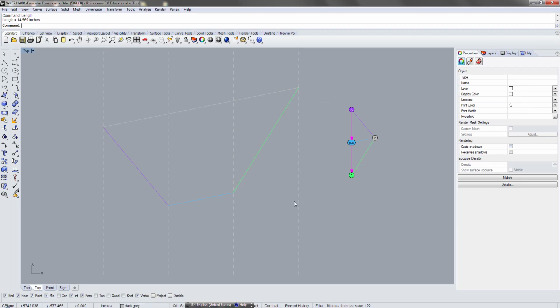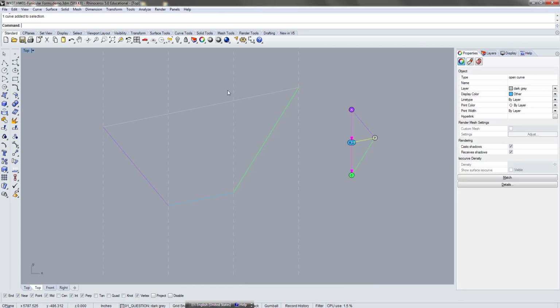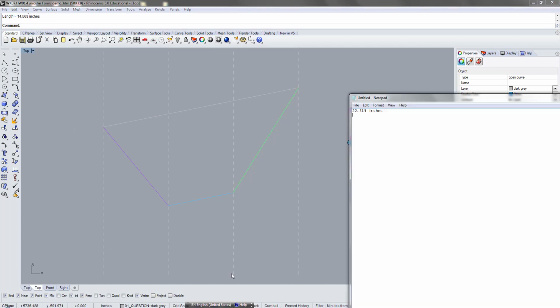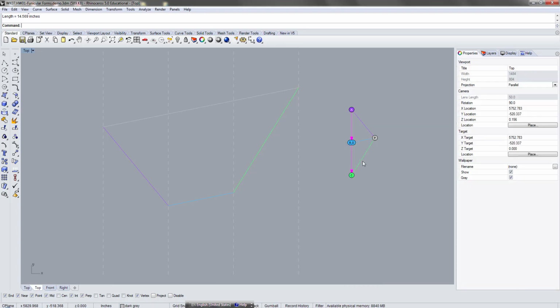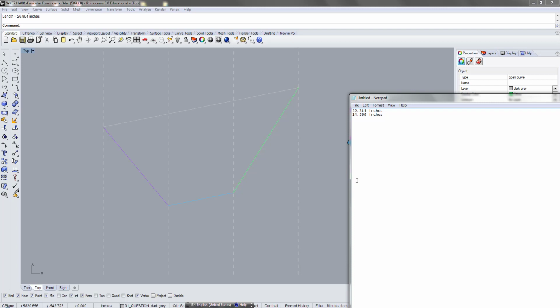The first length was 22.315, the second one was 14.5, and the third line is 26.954.